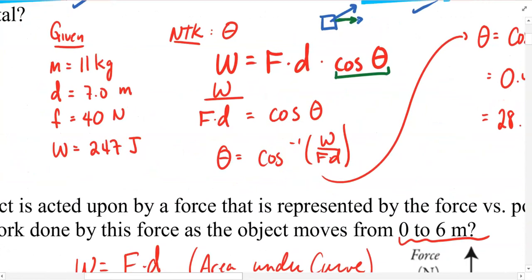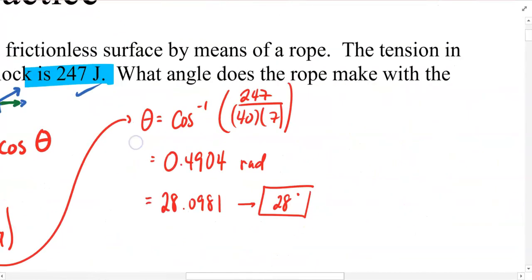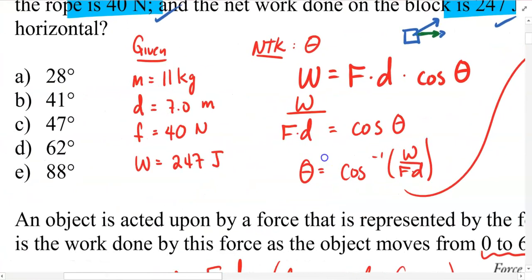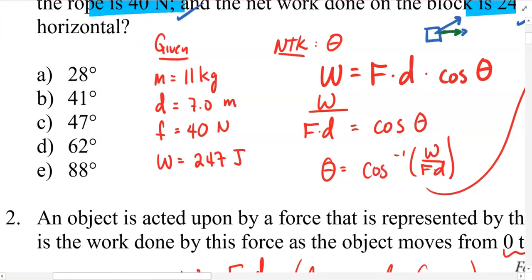So fortunately for us, lots of the information was given, and the final question was, what angle does the rope make with the ground? So that really does imply that we're dealing with a problem just like we described here, and our job is to find the theta value.